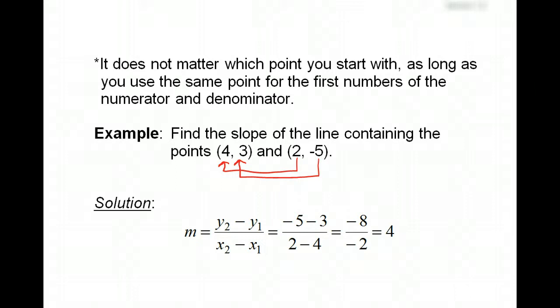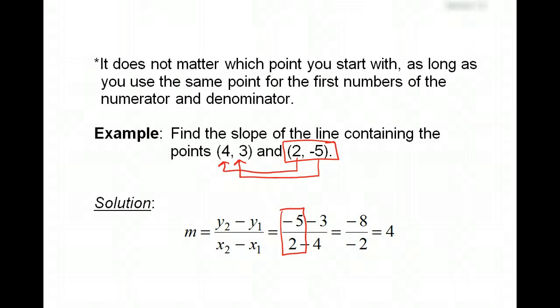Now notice, if I'm going to start with the -5, I must start with the 2. It doesn't matter which point you start with as long as you use the same point for the first numbers of both calculations. In other words, these two coordinates must have come from the same point. In this case, I get a 4.